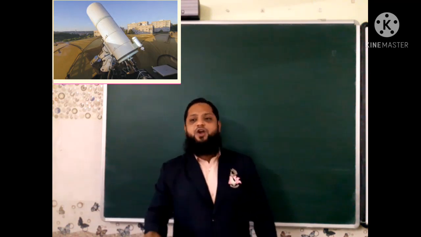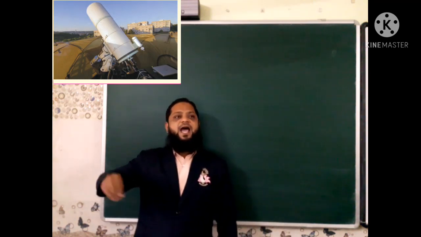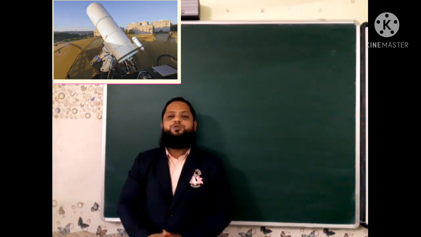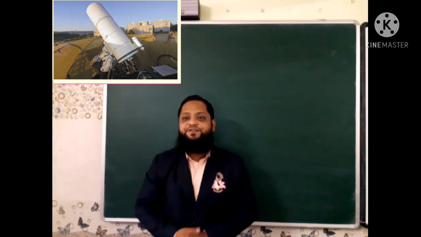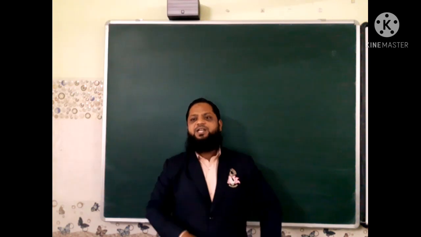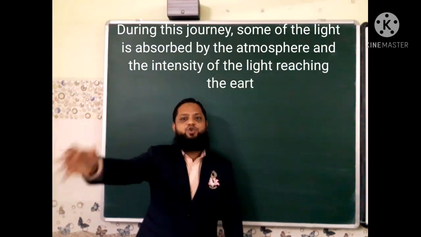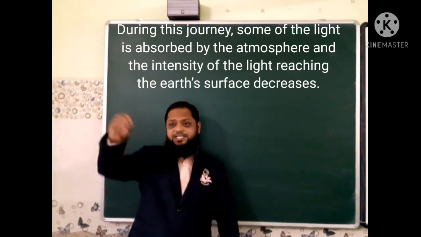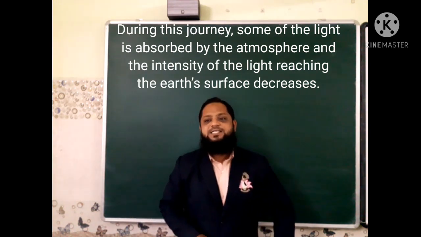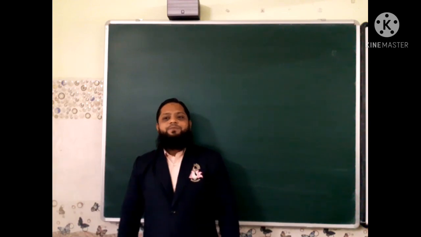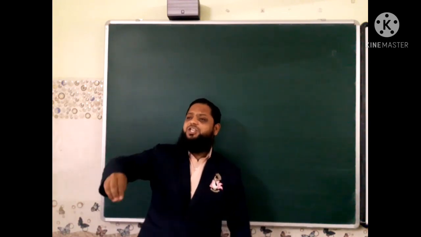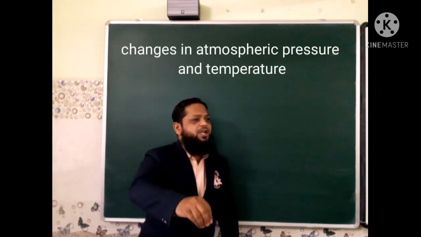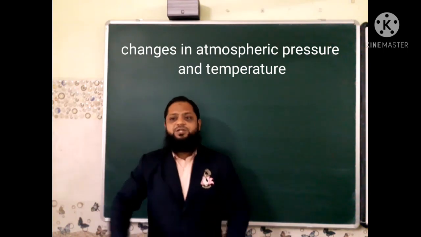Visible light coming from heavenly bodies has to pass through the Earth's atmosphere to reach the Earth's surface. During this journey, some of the light is absorbed by the atmosphere and the intensity of the light reaching the Earth's surface decreases. The second problem is caused by changes in the atmospheric temperature and the atmospheric pressure.